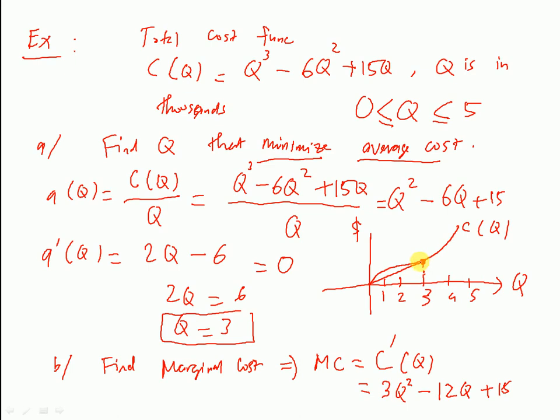So at this point, it gives you the minimum value. If you have this point, it's higher, and if you have this point, it's also higher. So only this point gives you the smallest slope on the curve of the total cost. That's how you can visualize this from the graph. So it's approximately equal to 3 for Q. Okay, so that's the end of section 4.5.